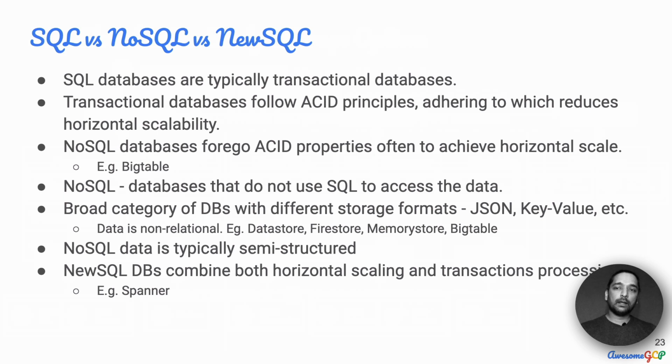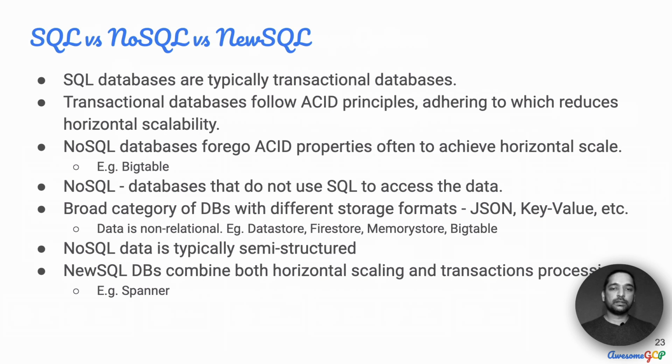But adhering to that means that it has reduced horizontal scalability. NoSQL databases came into existence so that they can have horizontal scalability and serve users across the world, but they have initially had to forego some of the ACID properties. An example in Google Cloud is Bigtable.